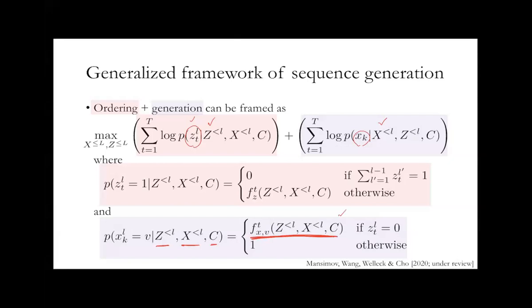Now, on the other hand, given what has been generated so far, and then given in which order, I need to have another network, a neural net, that tells me for each location whether I'm going to fill it up now or not. And then you alternate between these two steps.